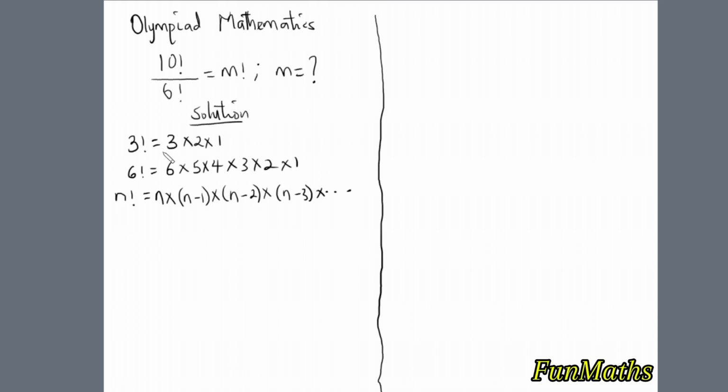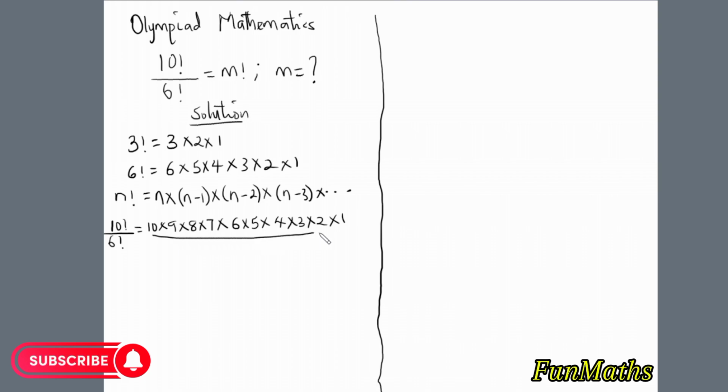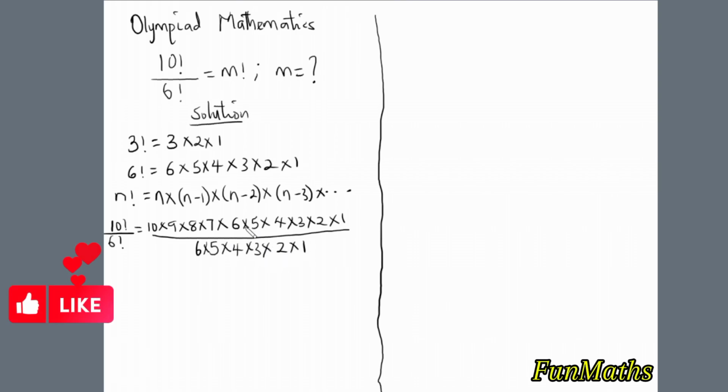Therefore, from our question we have 10 factorial and then we have 6 factorial. 10 factorial divided by 6 factorial is the same thing as 10 times 9 times 8 times 7 times 6 times 5 times 4 times 3 times 2 times 1 divided by 6 factorial, which is 6 times 5 times 4 times 3 times 2 times 1.